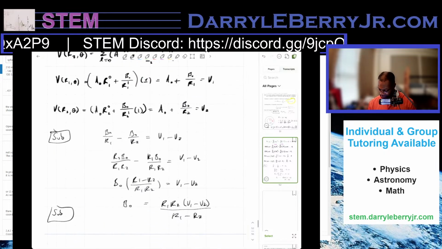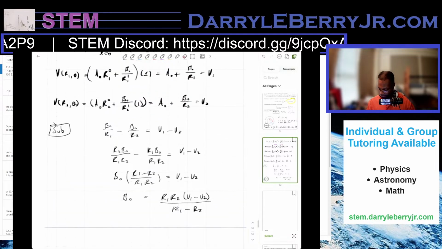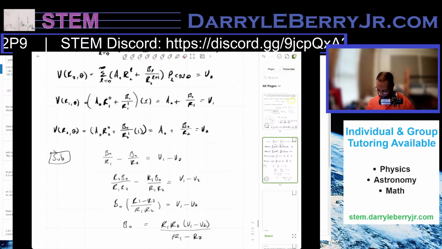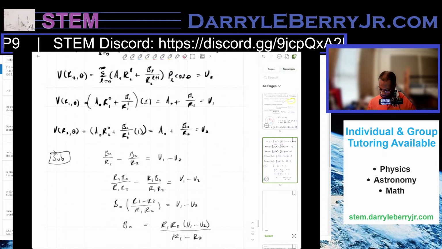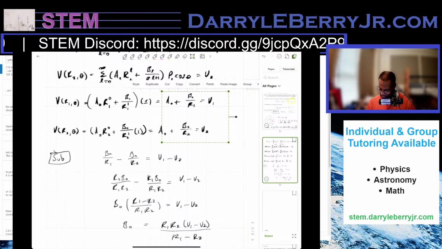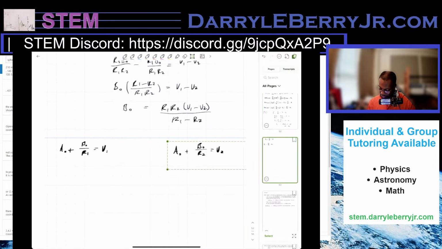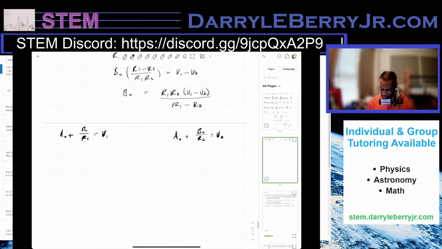And if I substitute that in for B naught, we'll try the left one and the right one. We'll see which one is what they used.